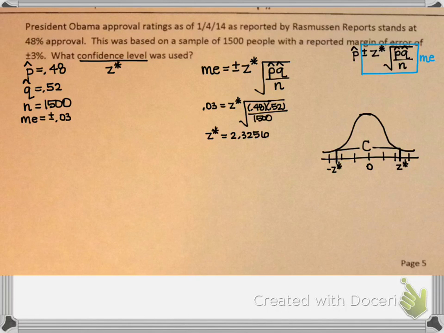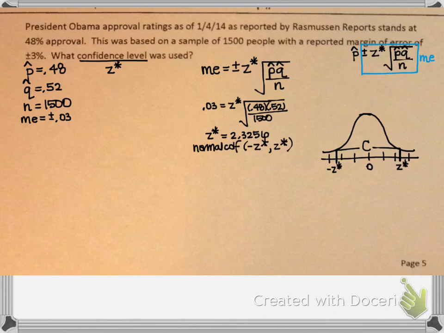All right, so think about what we've done before and how we find something like this. We've got 2 Z cutoffs and we want to be between the two. I'm thinking normal CDF on this. I'm going to do my normal CDF with my lower bound being the negative Z star and my upper bound being the positive Z star.